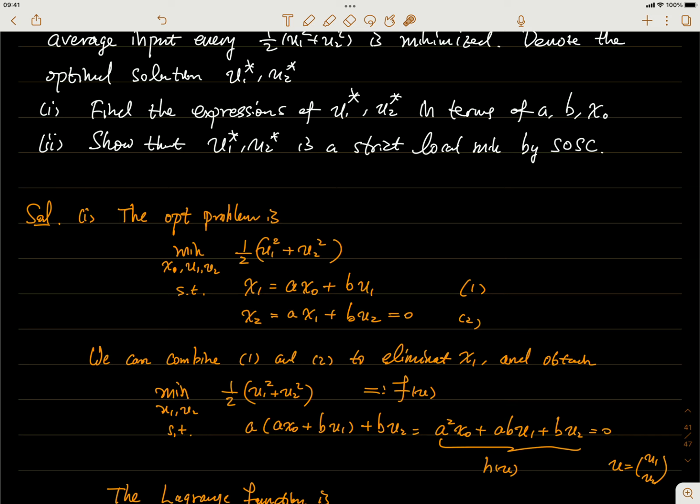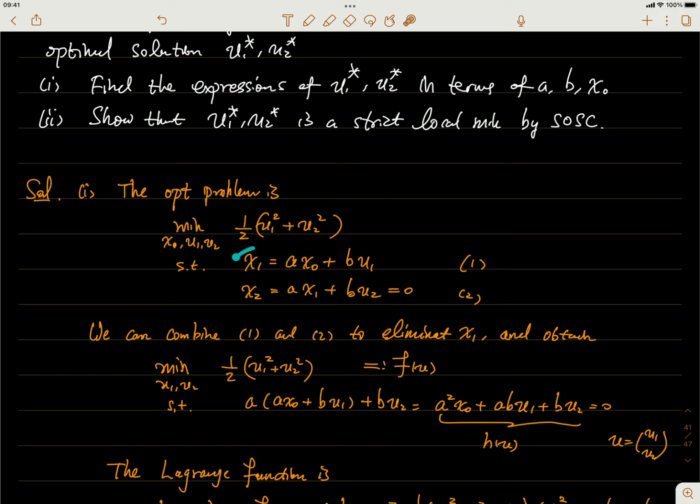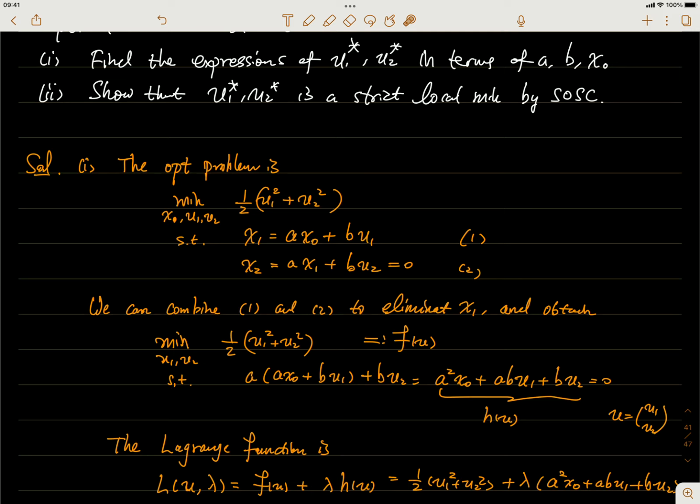We can eliminate x1 from this problem by substituting this x1 into here. By doing that, we can reformulate the constraint so that only the variables u1, u2 are involved. The objective function is the same, and this is a function of u1, u2, and it's a constraint function.